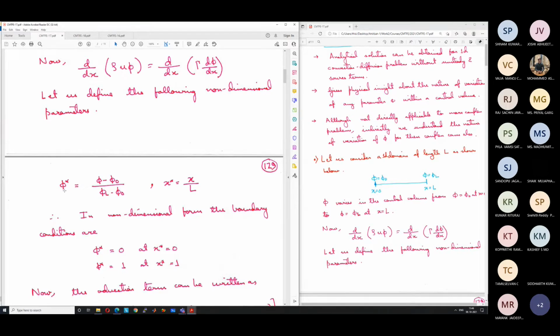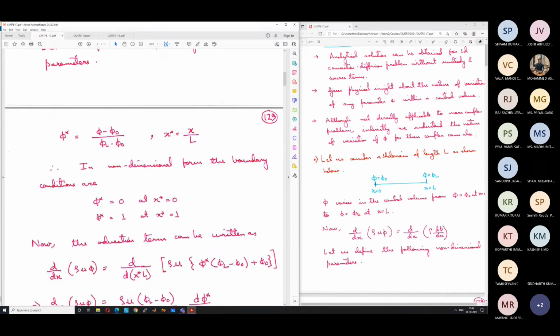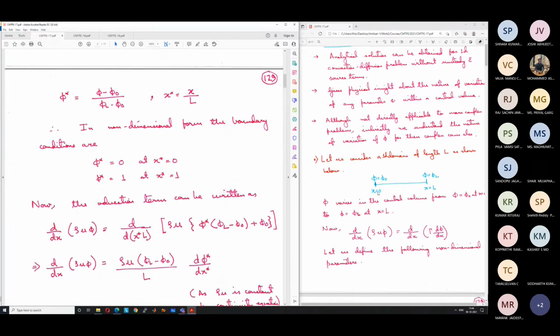So phi star, which is a non-dimensional parameter we have defined, is equal to phi minus phi 0 by phi L minus phi 0, and x we will non-dimensionalize with the length. So x star is equal to x by L. So in non-dimensional form, the boundary conditions are at x star equal to 0, phi star is equal to, you can see that phi 0 minus phi 0, so it is 0, phi star equal to 0.